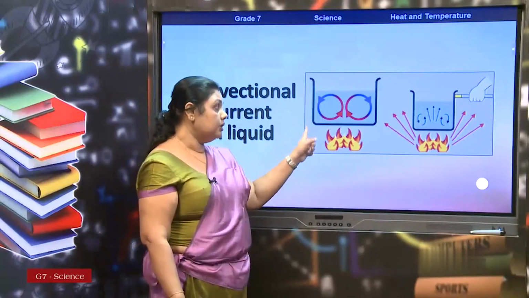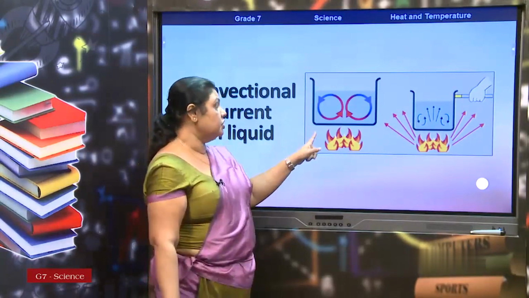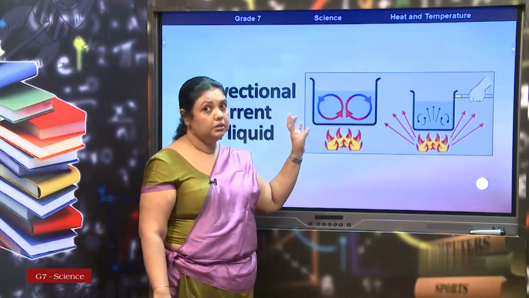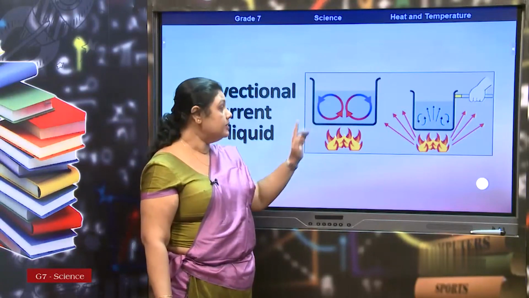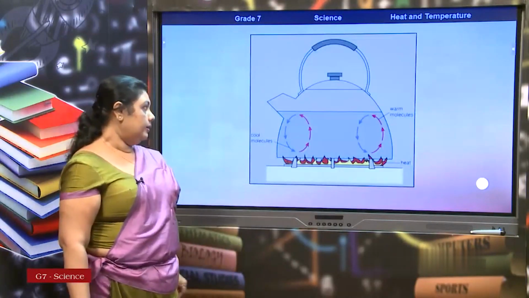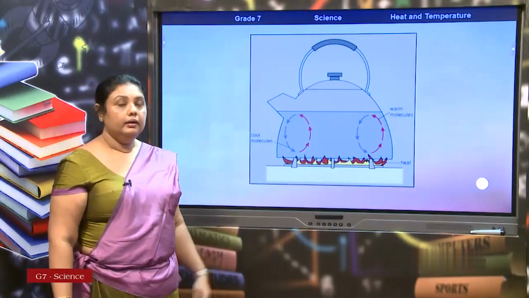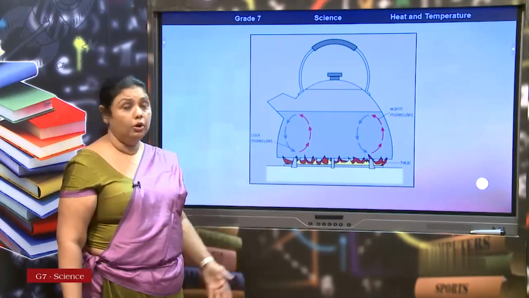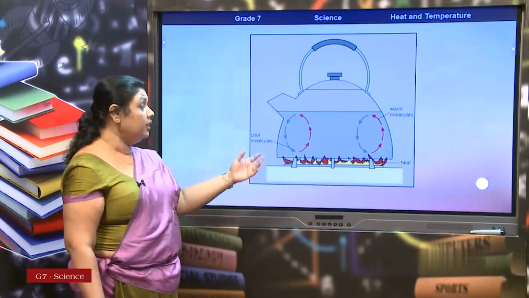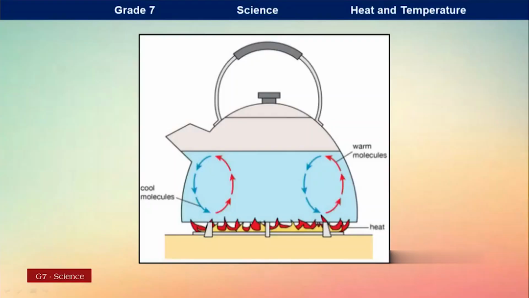With the pressure, the boiling point changes, but convection takes place everywhere in the same way, right. Every day your mother, or if you even want to have a cup of tea, you need to boil water. The cooler molecules are coming down, warmer molecules are moving up, that is convection.